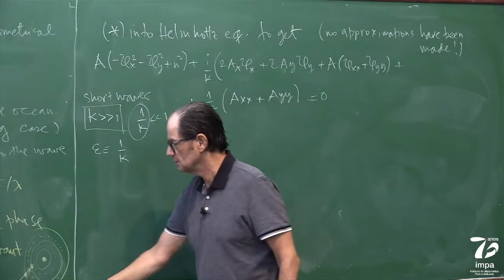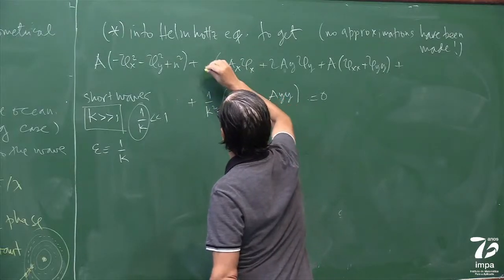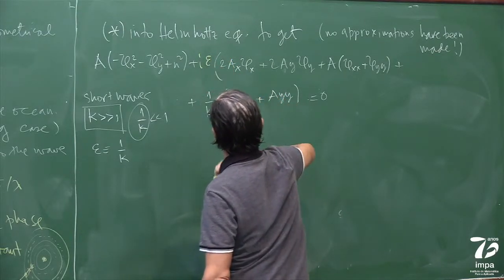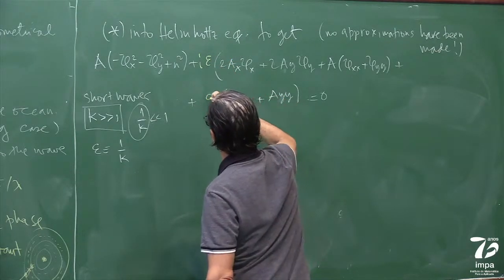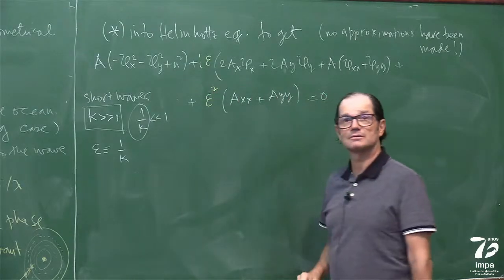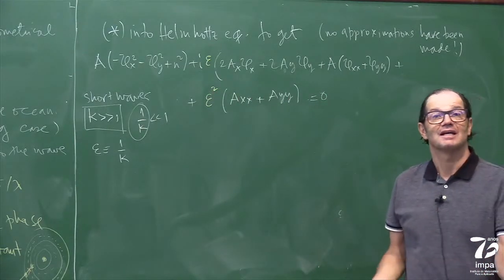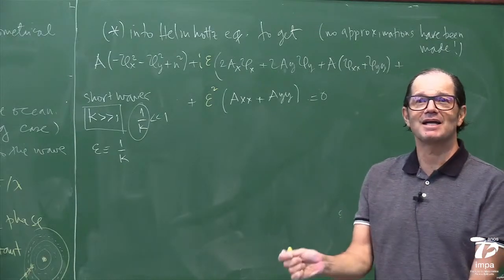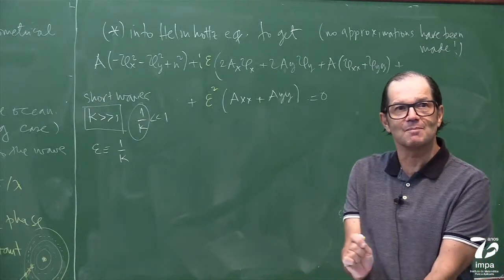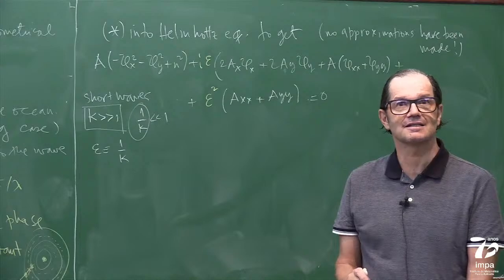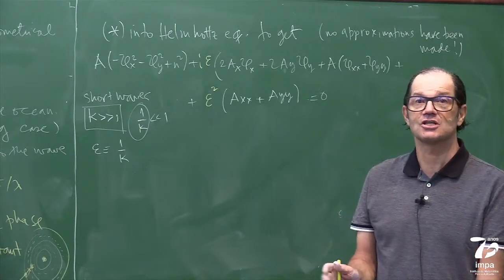And now this is going to be i epsilon, and this is going to be epsilon squared. So this is just notation, but as I said many times, mathematically it's very useful to put the best notation to click the idea. Sometimes just change the notation.